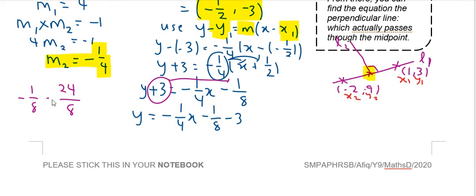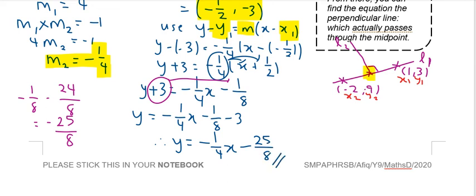Now negative 1 minus 24 will be negative 25 out of 8. So therefore your final equation will be y equal negative 1 quarter x minus 25 out of 8. So that's it for the second equation.